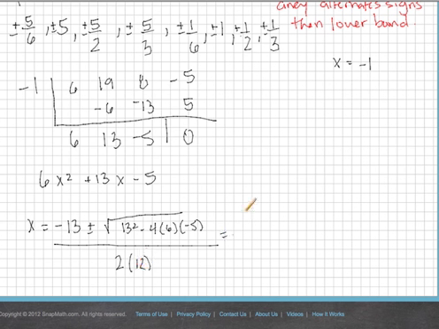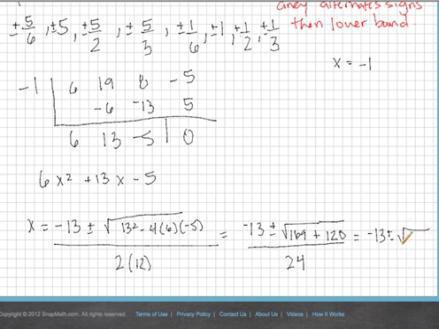That simplifies to -13 plus or minus the square root of 169. Then these negatives will cancel, and I will get 4 times 5 is 20 times 6 is 120 over 24. And again, this will simplify. Lots of arithmetic here.